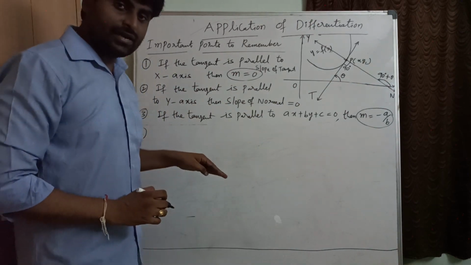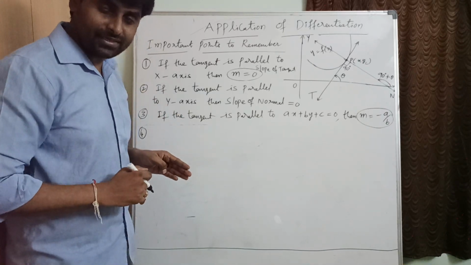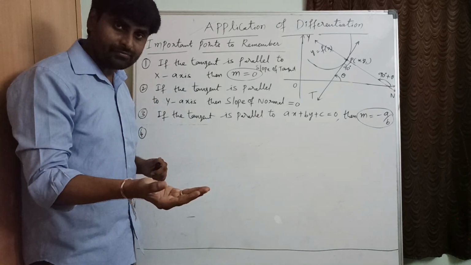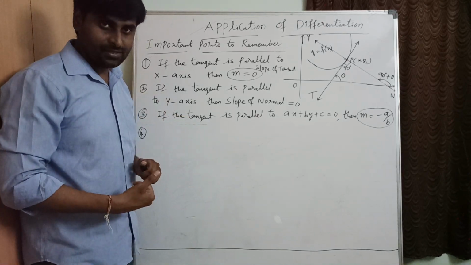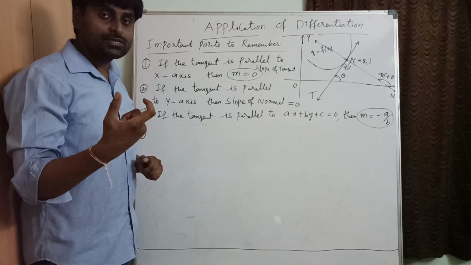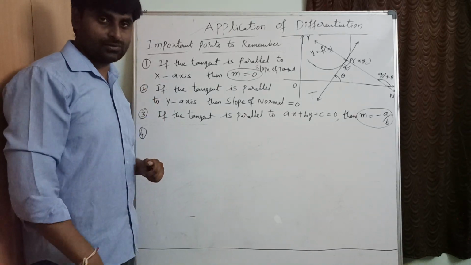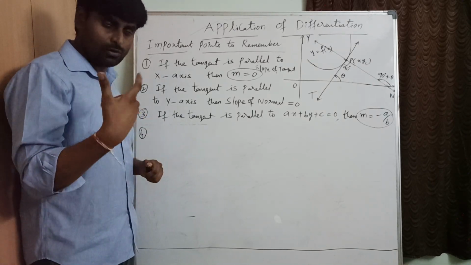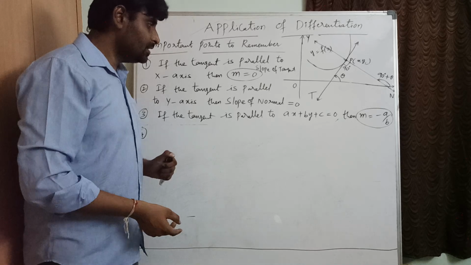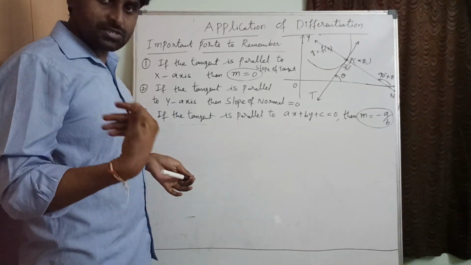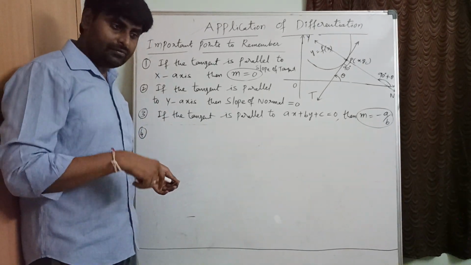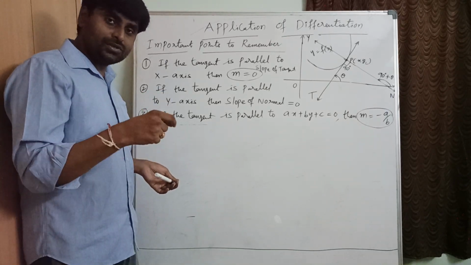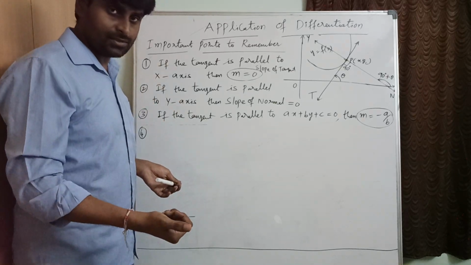Now sometimes it will be given that the tangent is positive in the question. In IIT, generally in some questions the tangent is positive, meaning tan theta is positive. Tan theta greater than 0 means the slope of that tangent is greater than 0, so m greater than 0, slope or gradient greater than 0. Whenever theta lies in the first quadrant, tan theta is greater than 0, whenever theta is acute, correct? Whenever theta is obtuse, obviously the slope will be less than 0, right?